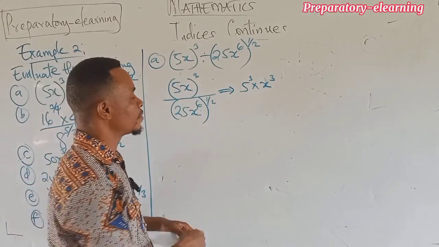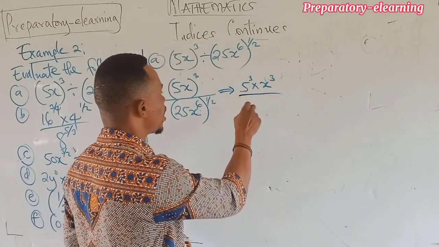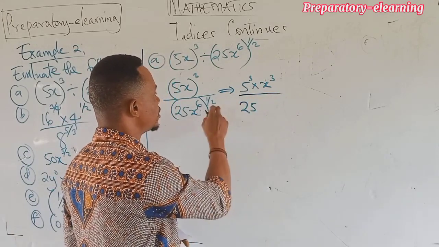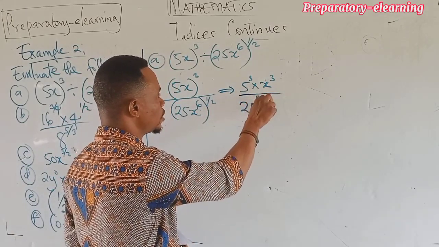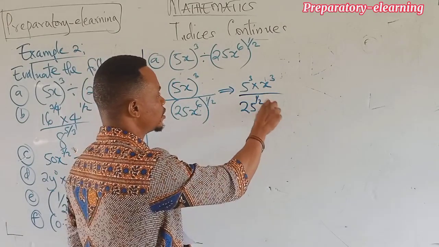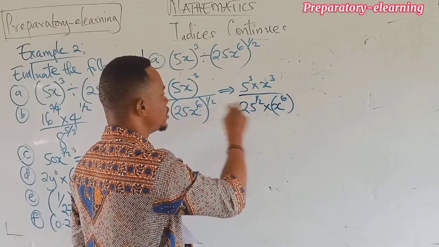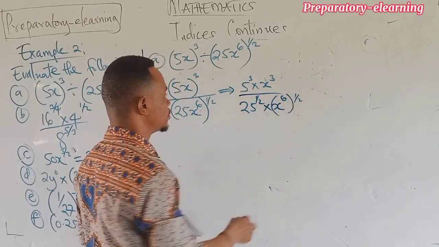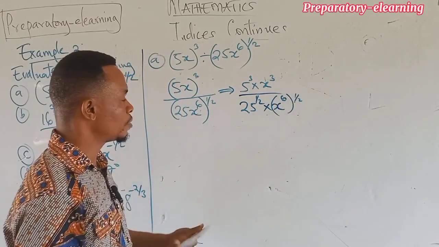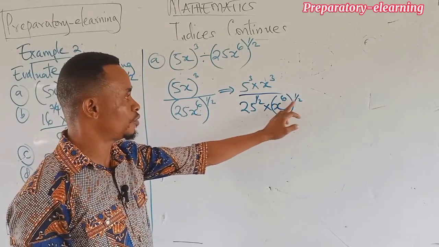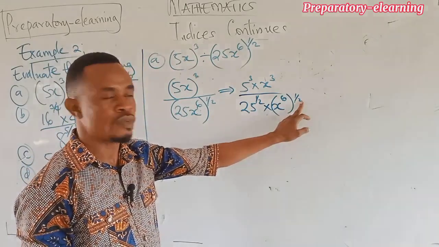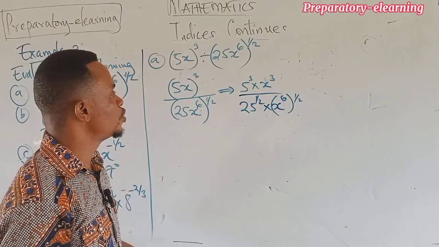Same thing here. Divided by, we have 25. This power 1 over 2 will come on this 25 times x to the power 6. We also have this power 1 over 2. I had to put this bracket to separate because we have two powers there. Now, what do we do there?